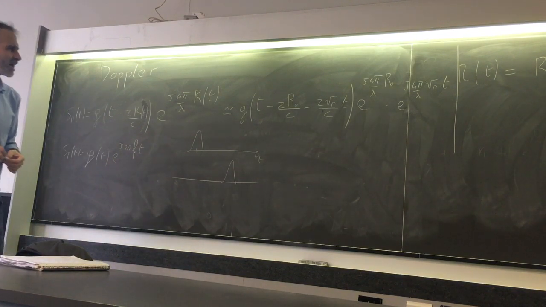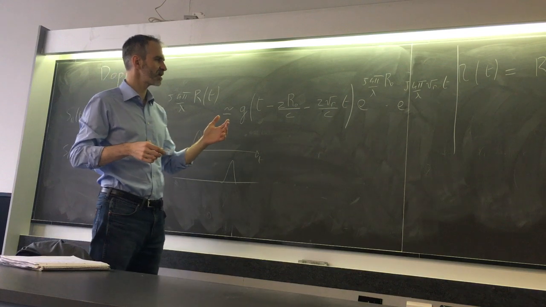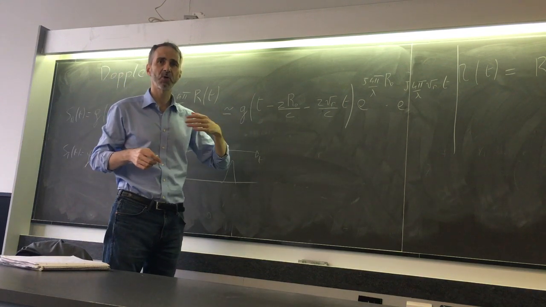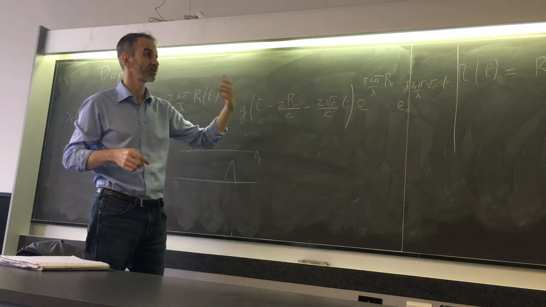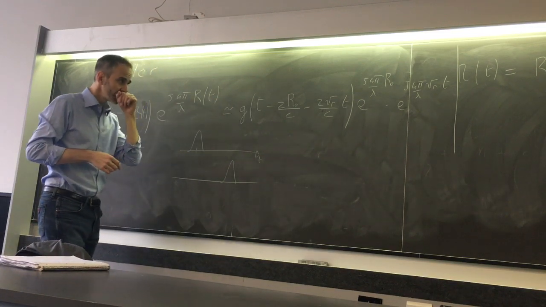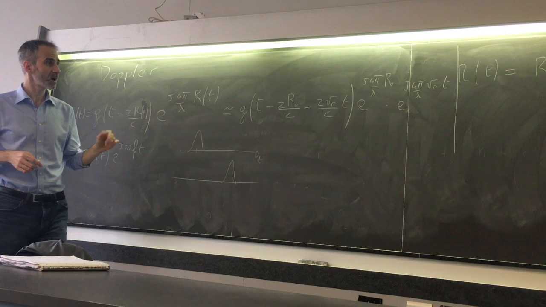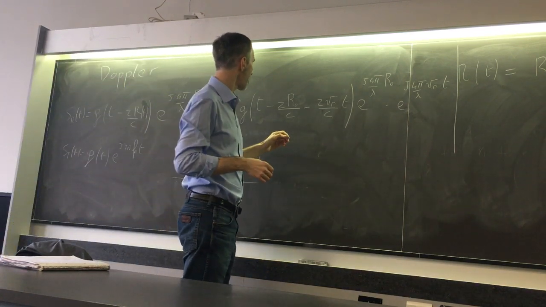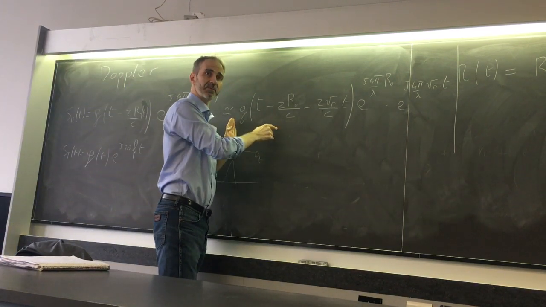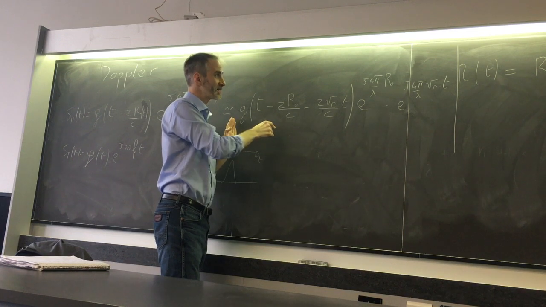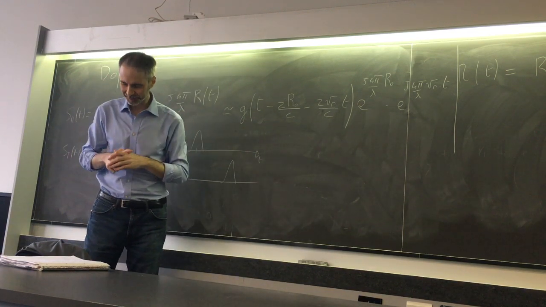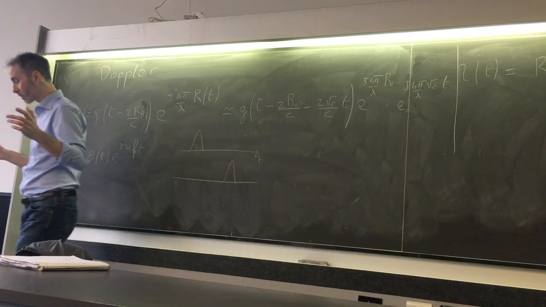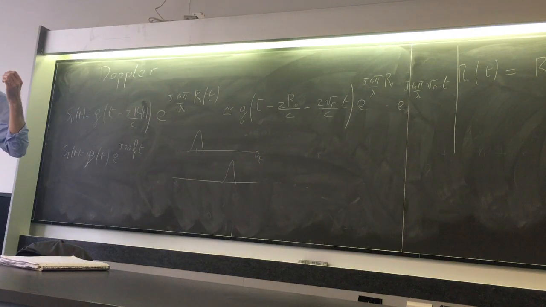Then, assuming that there is a variation of distance with time, so assuming that there is a radial velocity, you have two effects. The first one is that your pulse is dilated or contracted depending on this radial velocity.